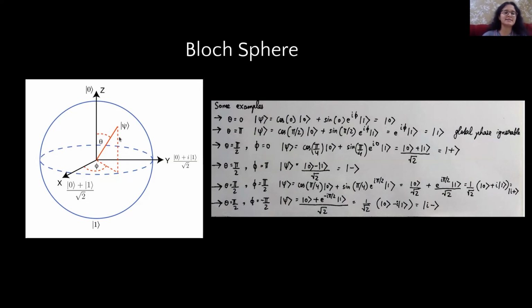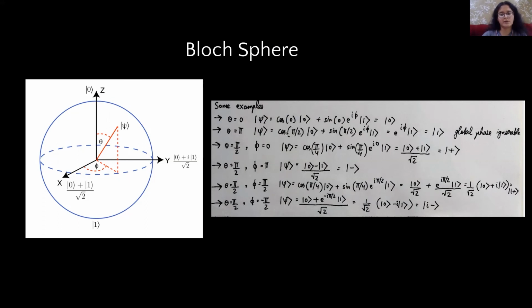Now, let's take theta to be pi degrees or 180 degrees. That means it's completely in the opposite direction of ket 0, which is ket 1. So that is what we should get. And again, angle phi does not matter in this case because no matter what, it will still point below. So when we take pi, then because of our interesting tweak in the equation, we divide it by 2.